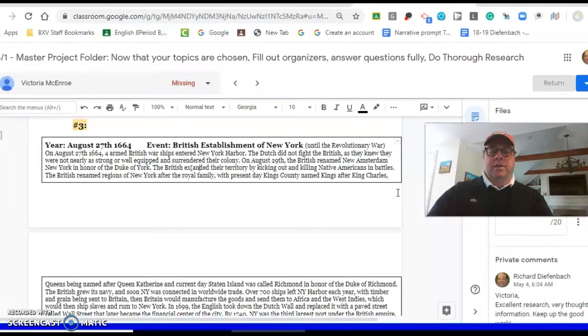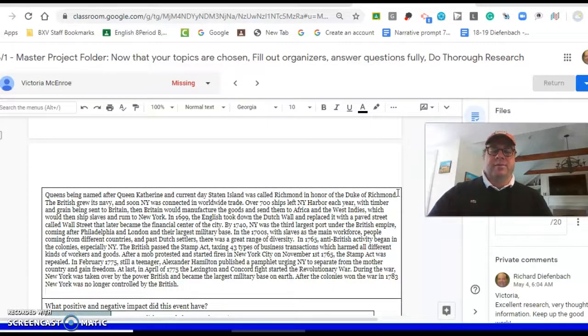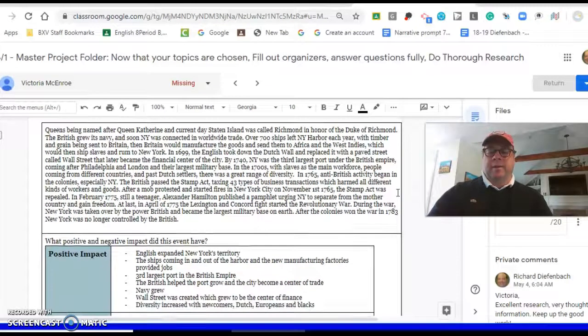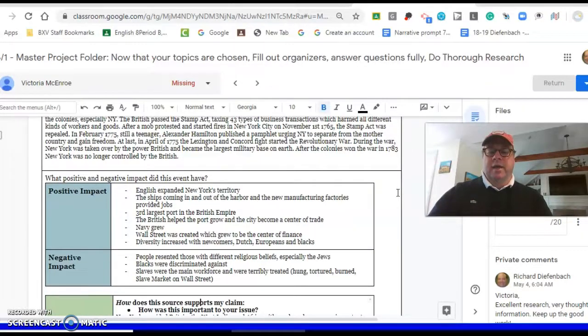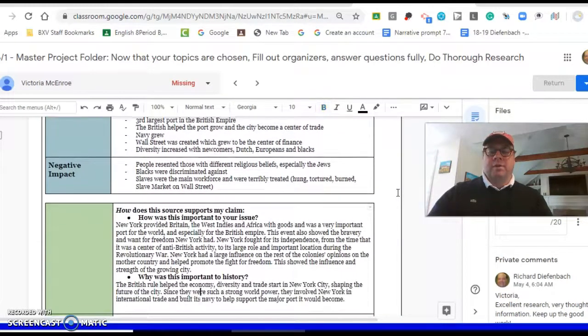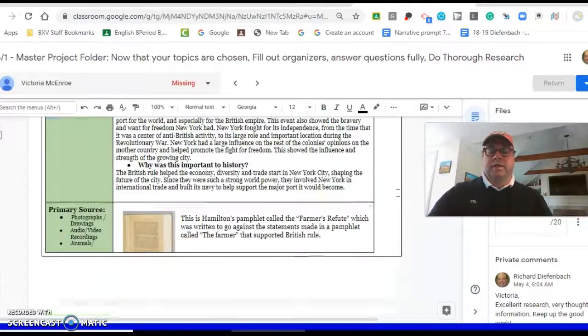Again, how the British took it over from the Dutch, and how it later changed its name from New Amsterdam to New York. And so lots of really good background information she put here. Its positive impact and the negative impacts there as well. And she includes why is this important as an issue? This particular piece of evidence, how does it fit into the enduring issues claim? And she explains that well there.